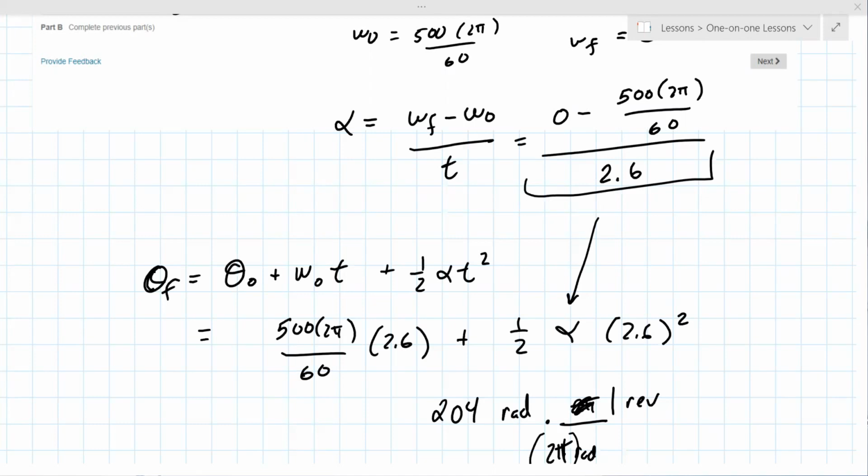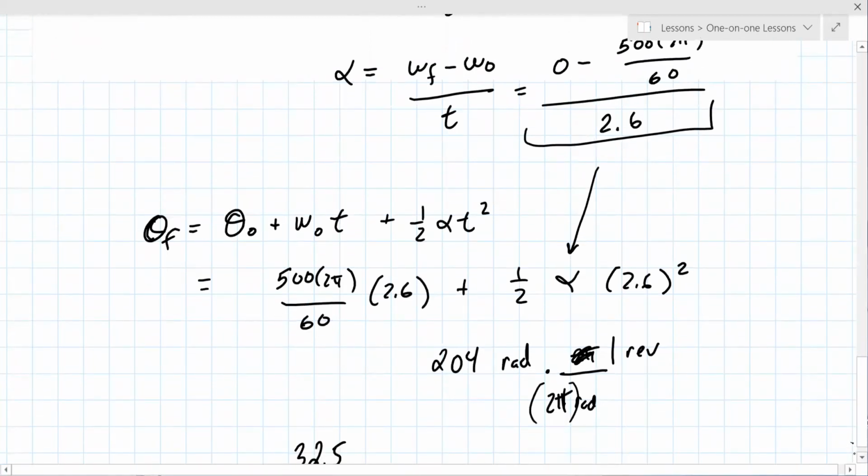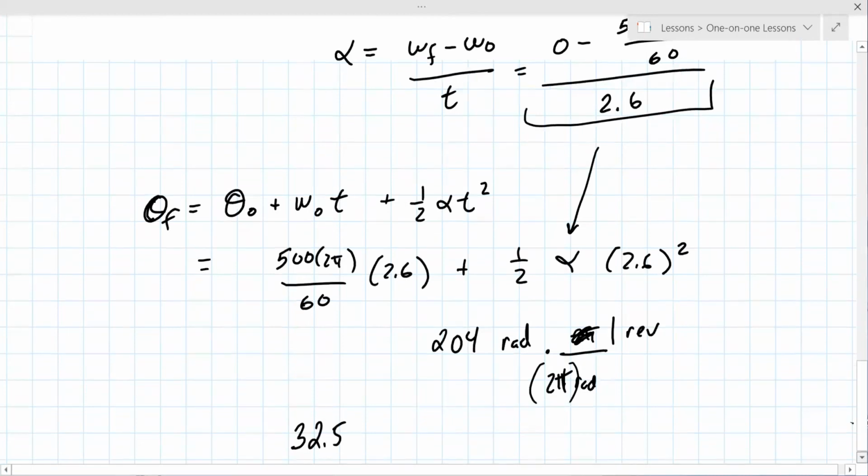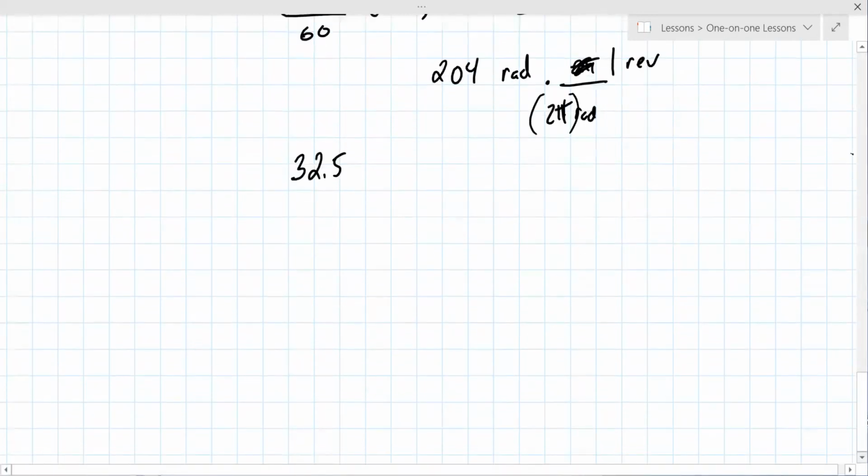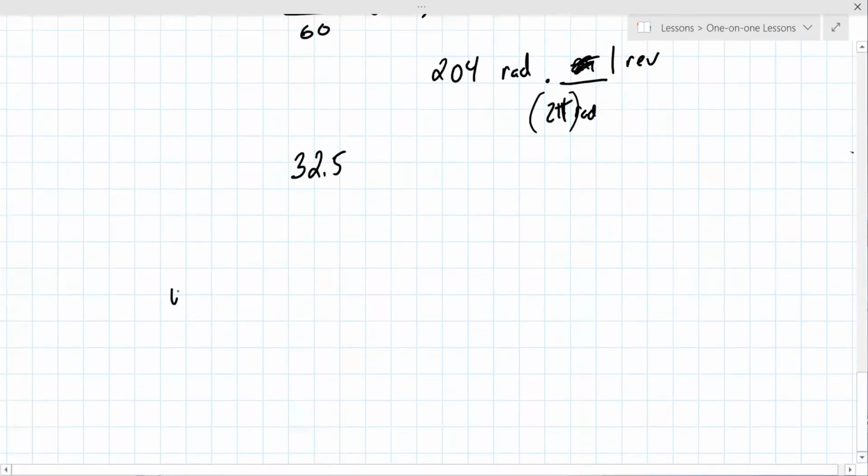So the part B. All right, so this one, we actually went down completely the wrong road. Maybe it'll give us the same answer. It says here there's this other formula, which is omega final squared minus omega initial squared equals 2 alpha theta.